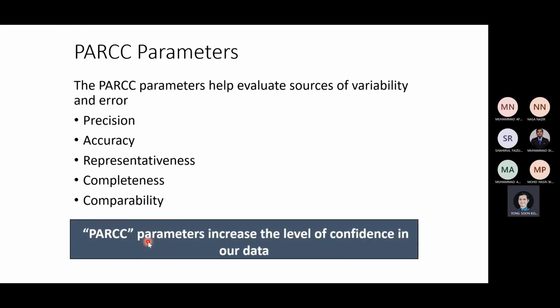PARCC parameters also increase the level of confidence in our data. And if you have a chance to look at the reports of researchers and also auditors, they will always present their data, and they always tell you their confidence level. Because from there, it gives the impression of how reliable the quality of one's data is.